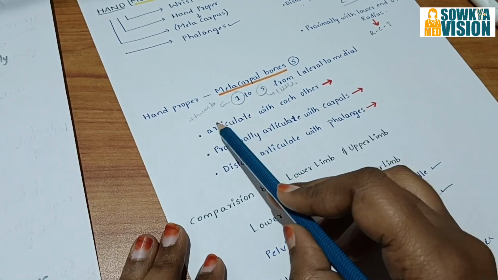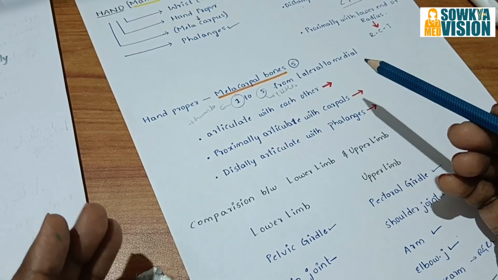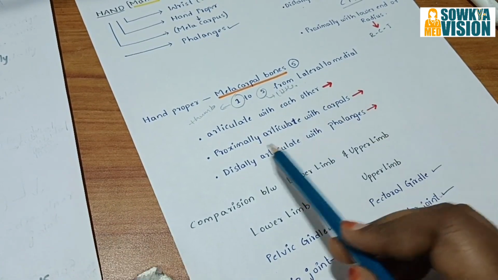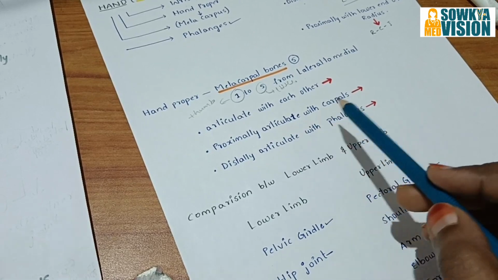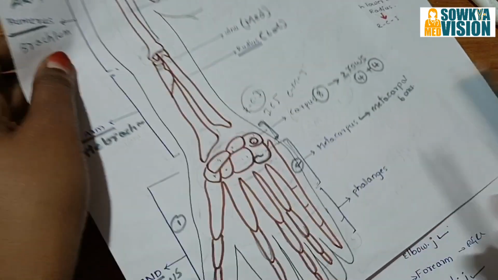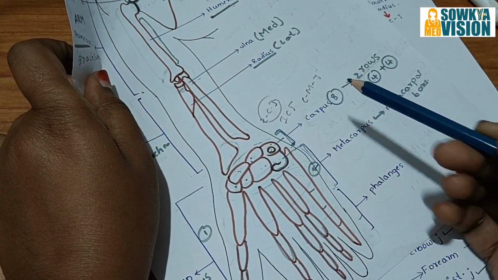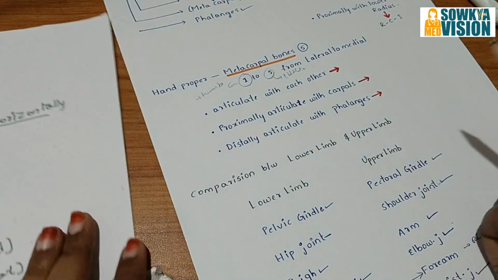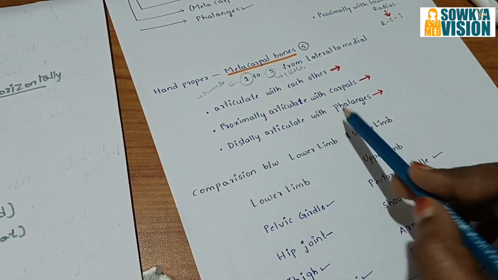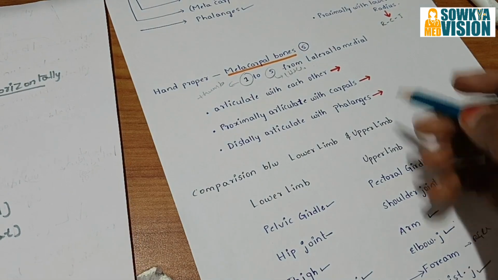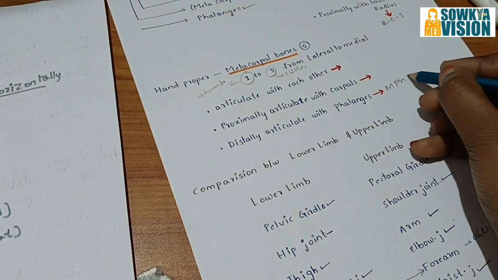Now they articulate with each other forming intermetacarpal joints. Proximally they articulate with the distal row of carpals forming carpometacarpal joints. Distally they articulate with phalanges forming metacarpophalangeal joints.